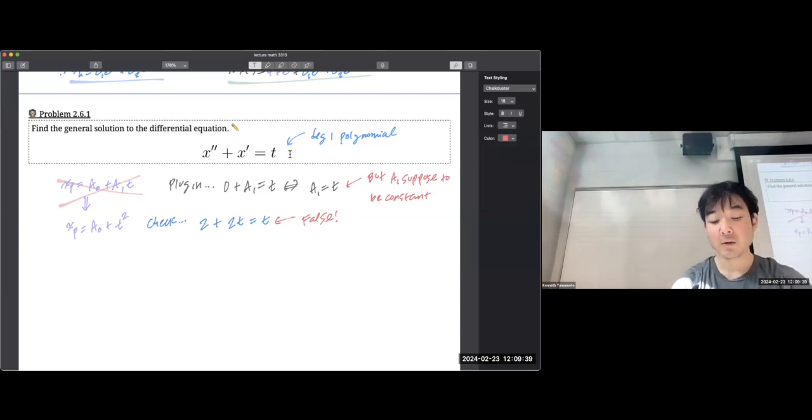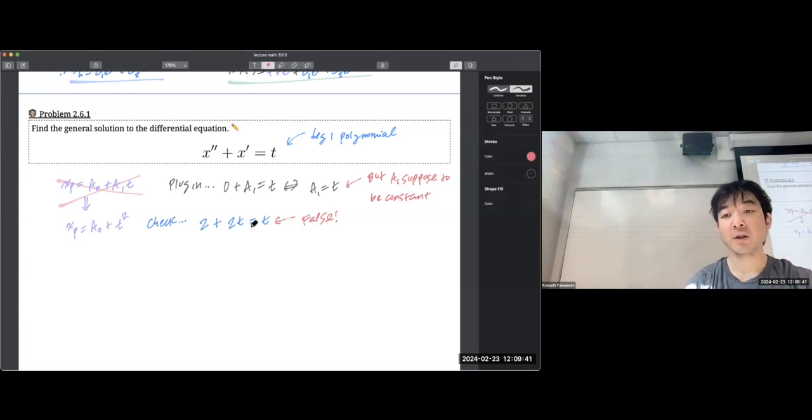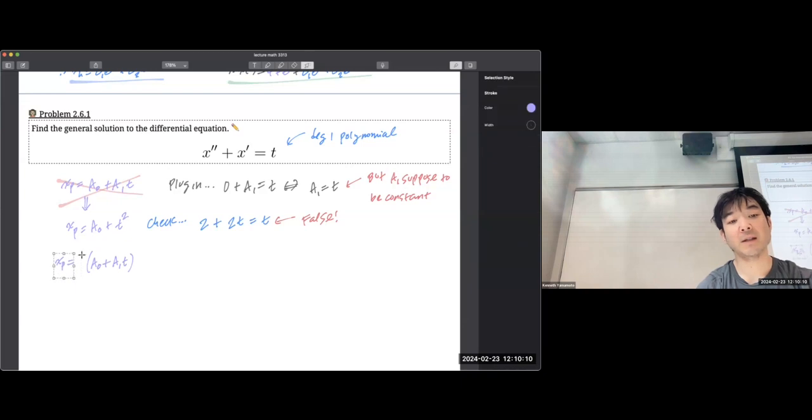So using that intuition, and I'm not going to justify this initially, I'm just going to say that our proposed solution form should be this original one that we had, but I'm going to take the whole thing and just increase the degree by multiplying by t.